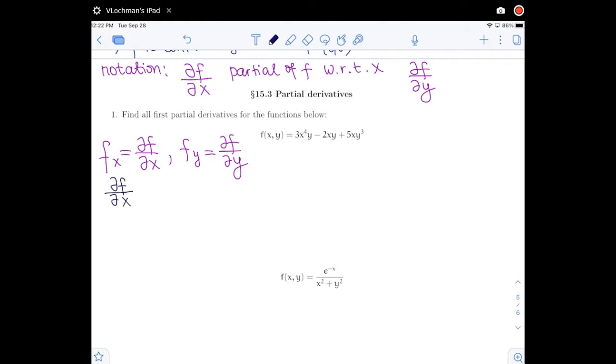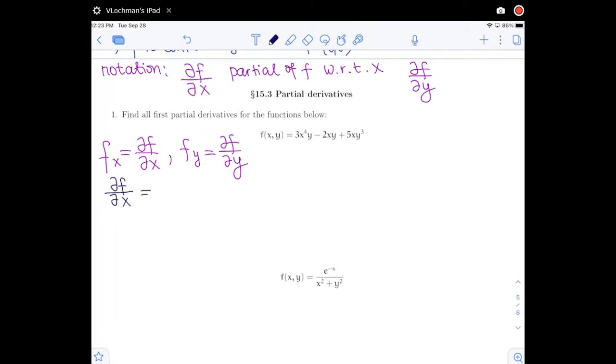Think about it this way: I want to know the change only in the x direction. I don't care about the change in the y direction. I'm going to fix that y. y is now a constant, and I see the rate of change of my function only with respect to x. So anywhere you see y, that's a number. That's the easiest way to think about computing partial derivatives.